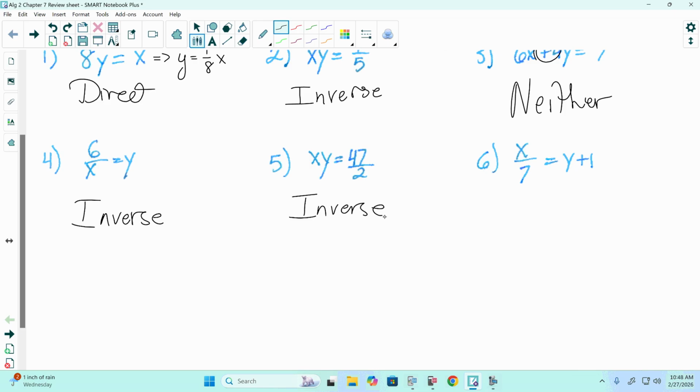And lastly, number 6, neither. That addition kind of gives it away. So the big indicators that it's going to be neither is either we have addition with our variables or we only have a variable. We got to have two variables for it to be direct variation or inverse variation. Ready for the next part.